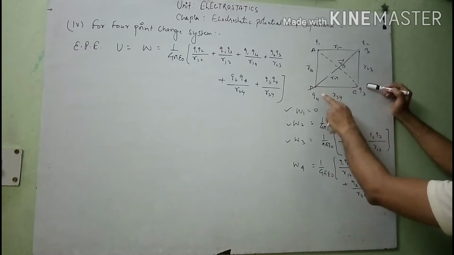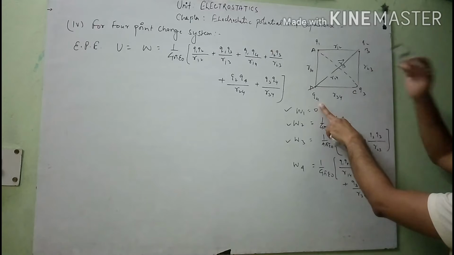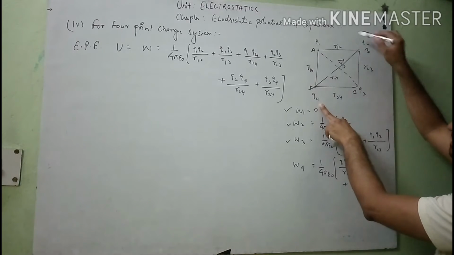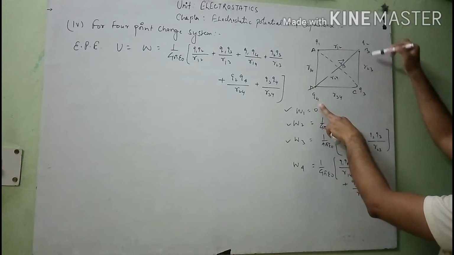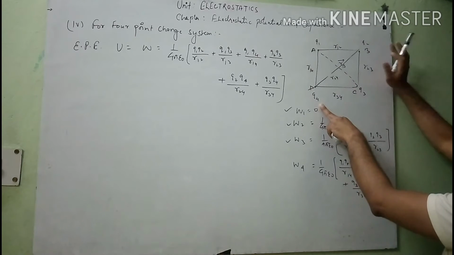Again, when we carry the charge Q4, this charge Q4 will do the work against the 3 charges Q1, Q2 and Q3 which are already present in the system.